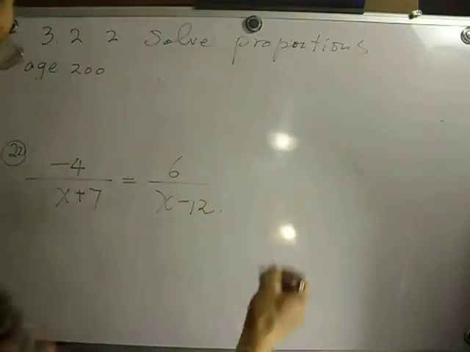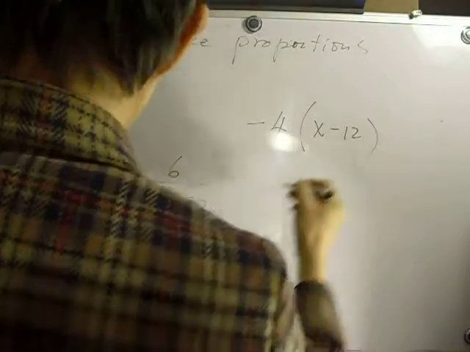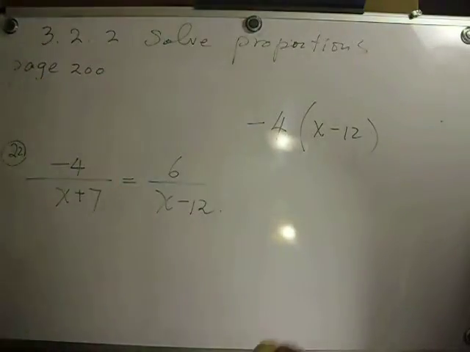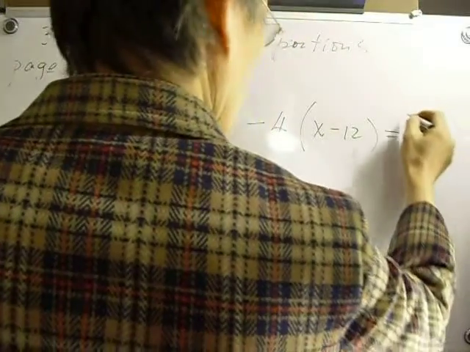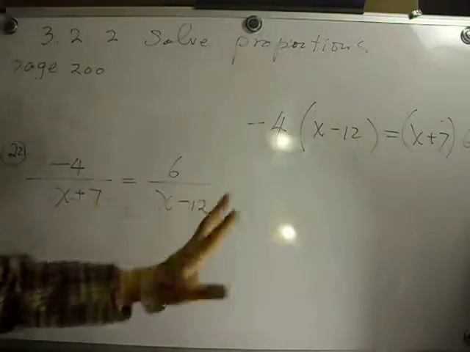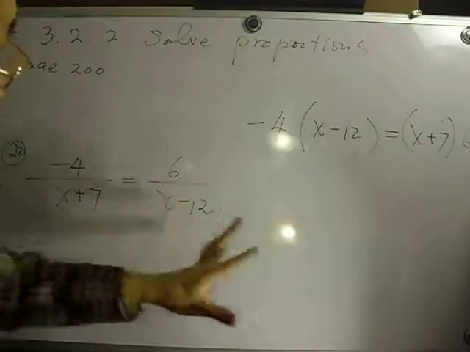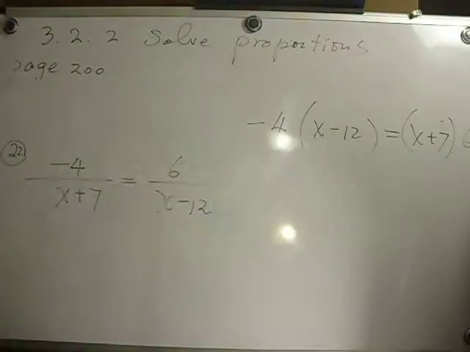Negative 4 times this term: first times the last and second times the third should be equal to x plus 7 times 6. This cross product, cross multiply, gets you out of the fraction. Then you begin to solve this; you're not unfamiliar with this, right?